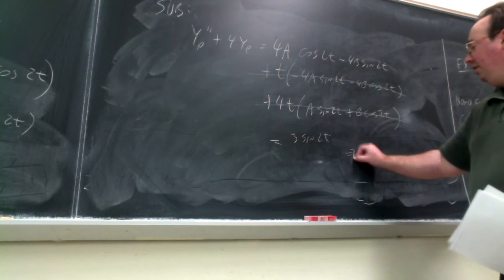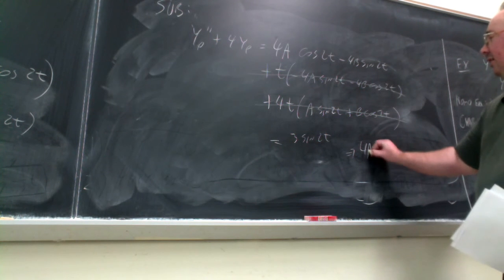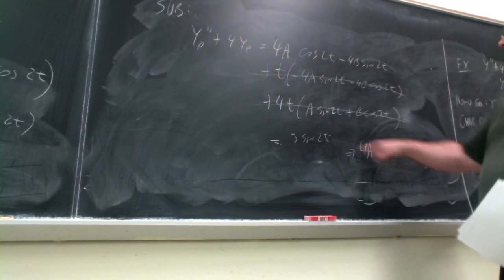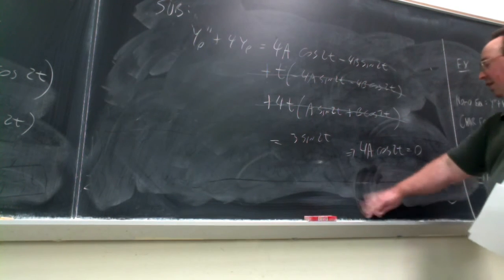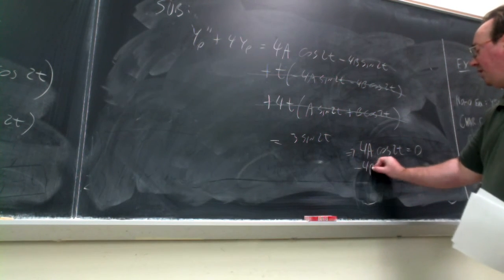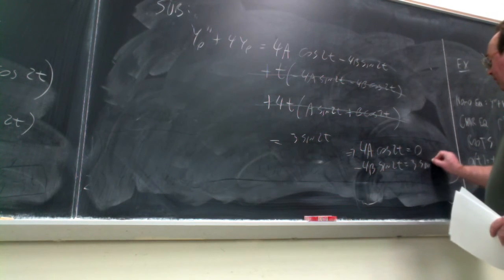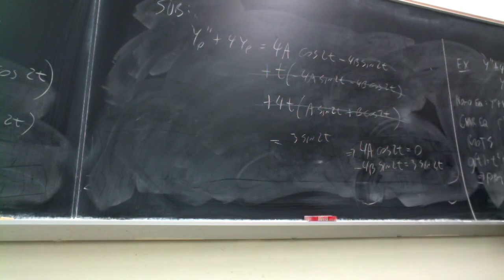We have 4a cosine 2t must equal 0 because there is no cosine 2t term over here. And then we have minus 4b sine 2t must equal 3 sine 2t. So similar to other examples where you match like powers of t on both sides, if you have cosines and sines or exponentials, you match those up too.